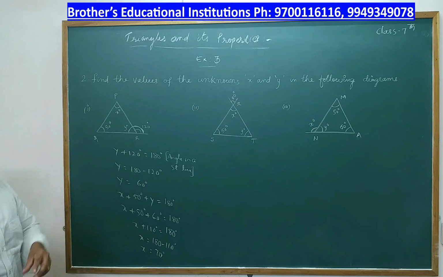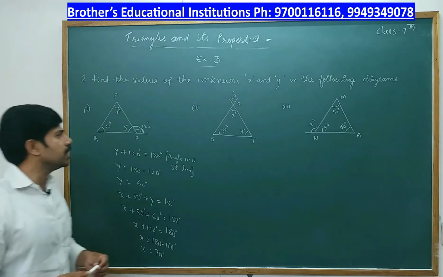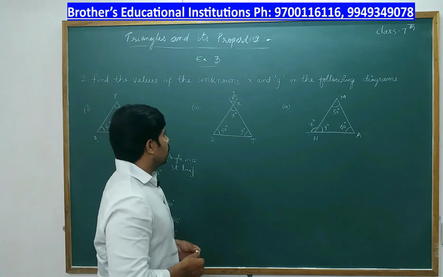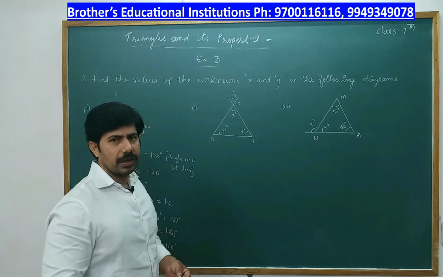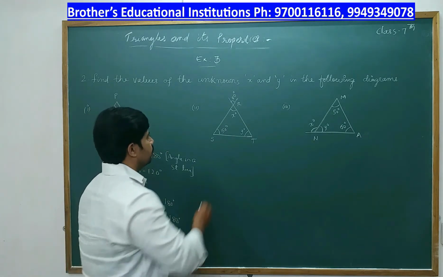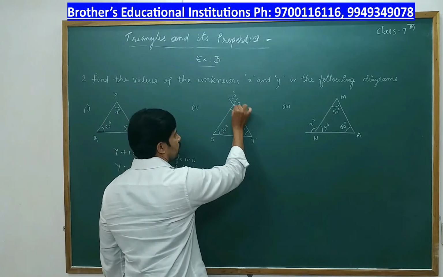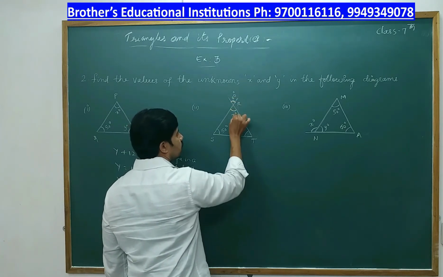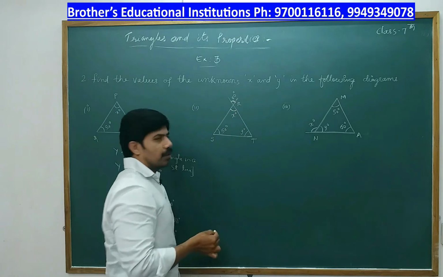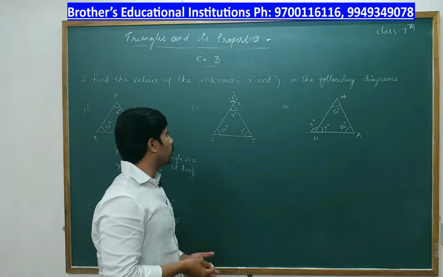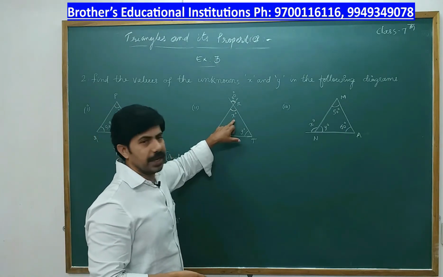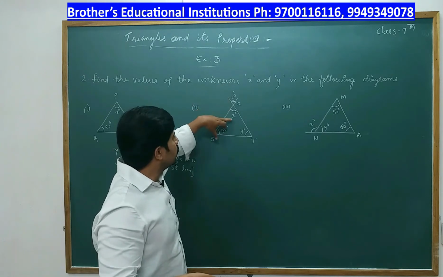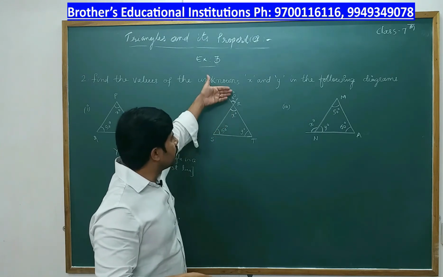Now next problem. See, in this next problem, first we can find out x very easily, because now these two are called vertically opposite angles. So what are vertically opposite angles? Two lines are intersecting at one point. So the one is interior, the other one is exterior.